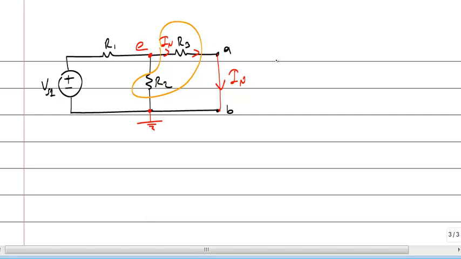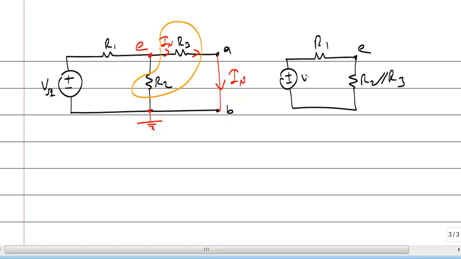Let's redraw the circuit. This is point E. This is R2 parallel R3. This is R1. This is V source 1. So this is ground. What's the voltage E? Voltage E is voltage of these components.